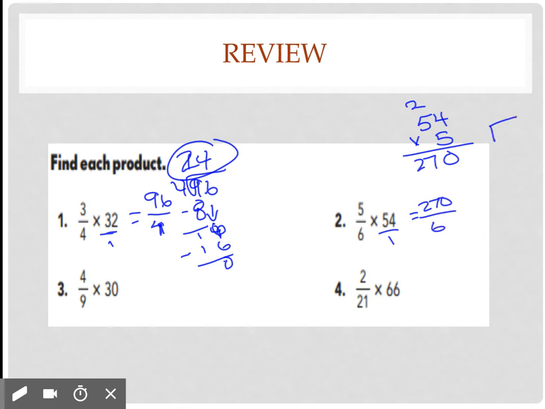Again, I want to simplify by doing long division. So 6 goes into 27 4 times. That would be 24. I subtract, I get 3 and bring down my 0, and 6 goes into 30 5 times. And because I have no remainder, again, I get 45.